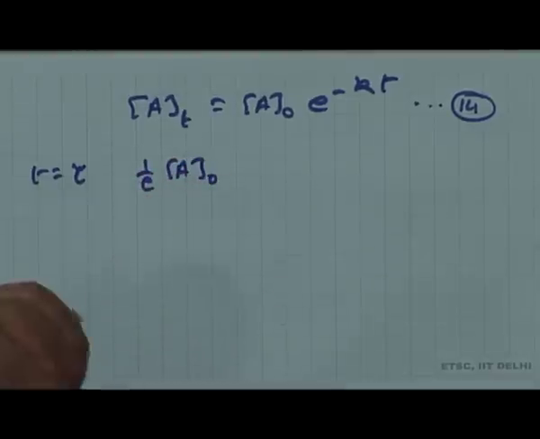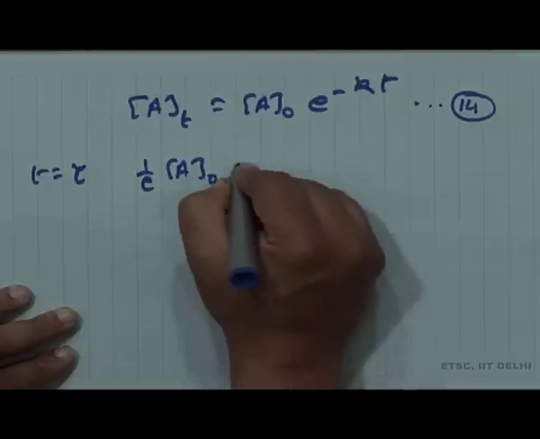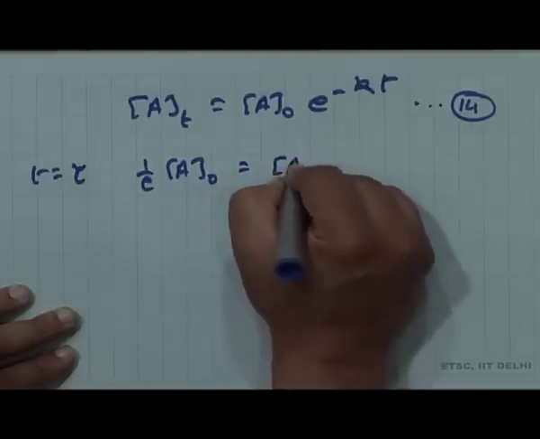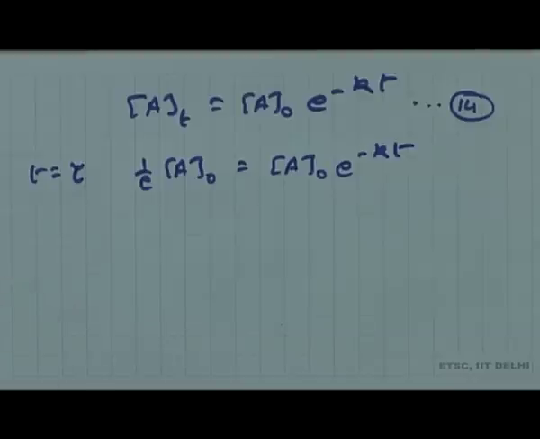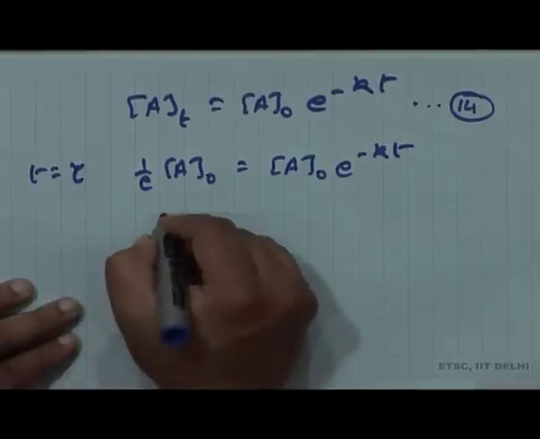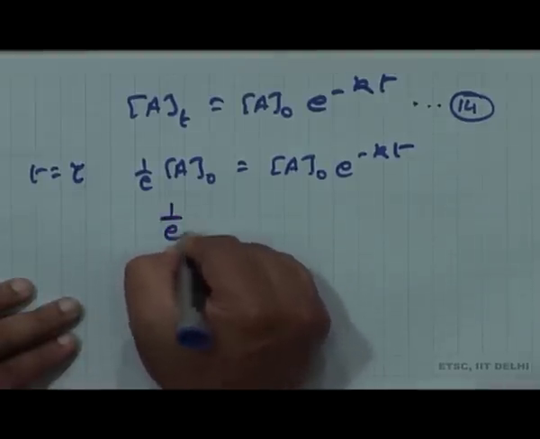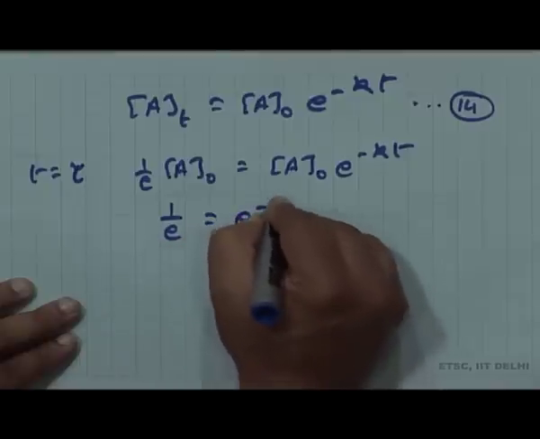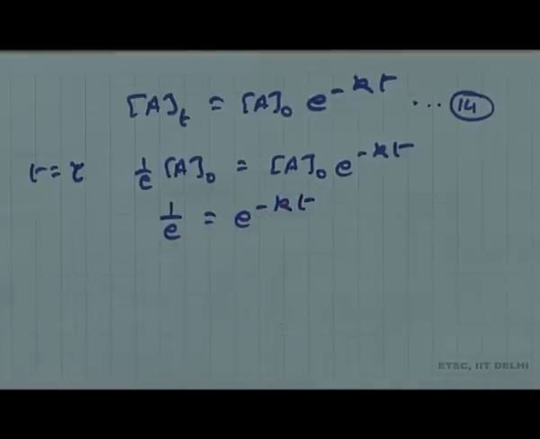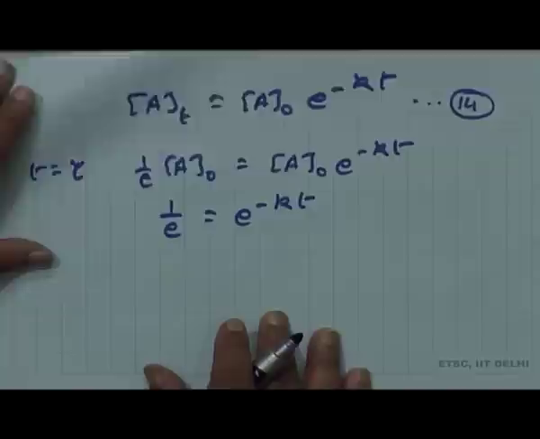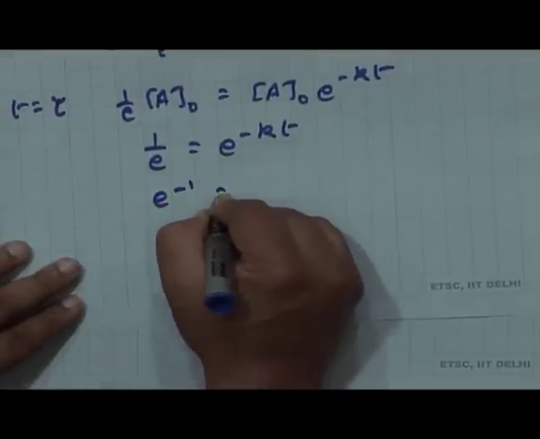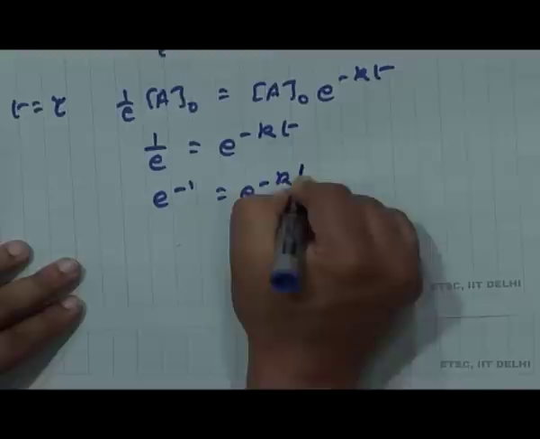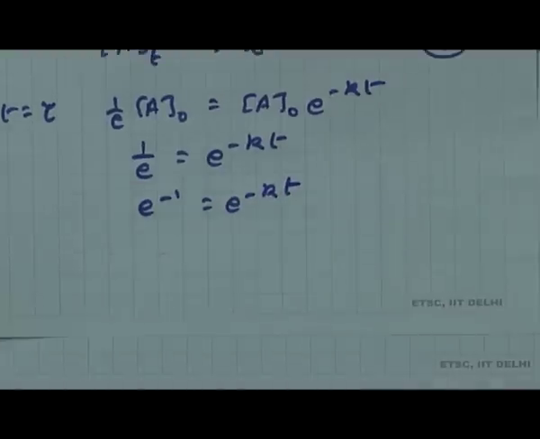So 1 by e A naught is equal to A naught e to the power minus k t, or I can write 1 by e is equal to e to the power minus k t by cancelling A naught from both sides, or I can write e to the power minus 1 is equal to e to the power minus k t. Remember, this is t is equal to tau.